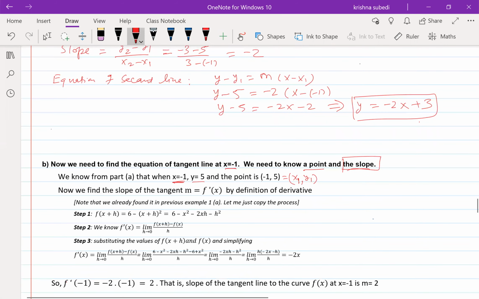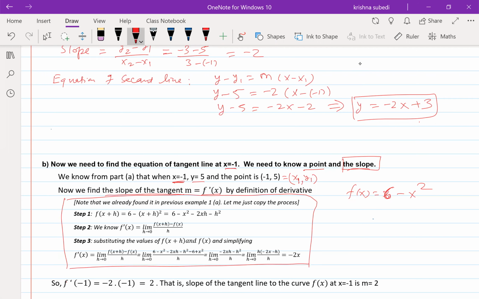To find the derivative, the slope of the tangent line, I believe we have already done the derivative of this function, x^6 minus x squared, in example 1a. I'm just copying the same steps that we did.